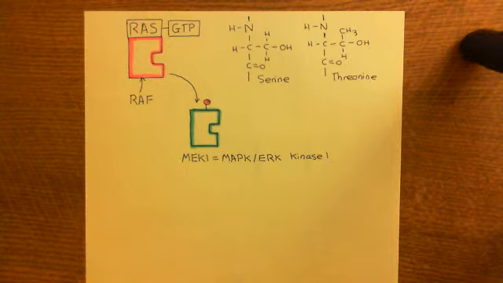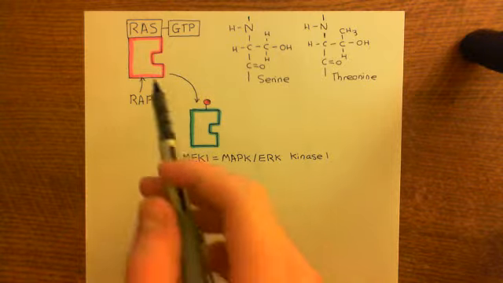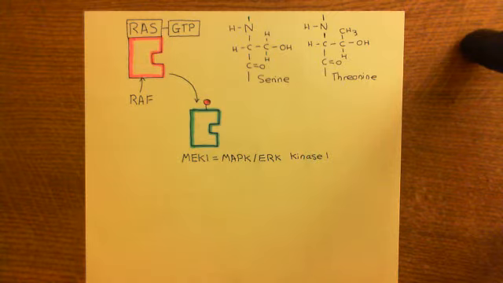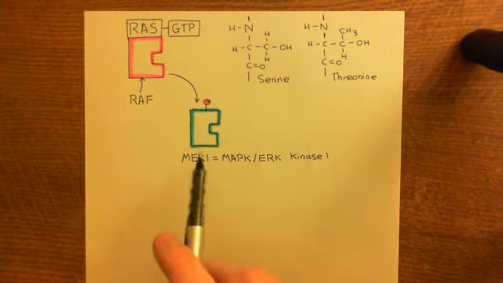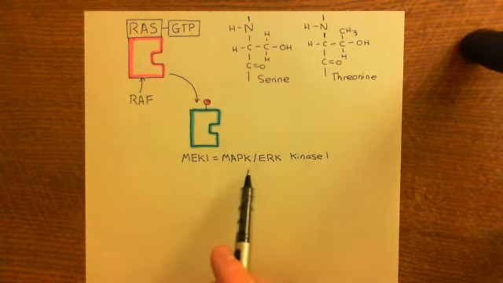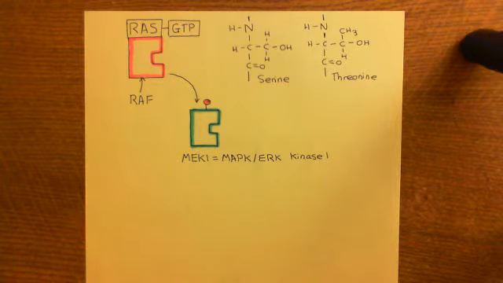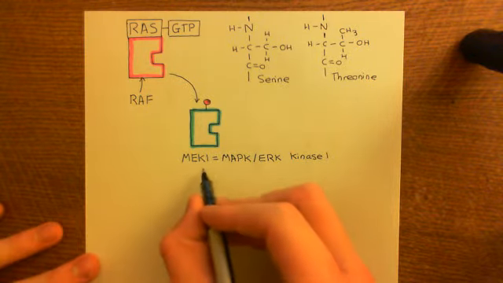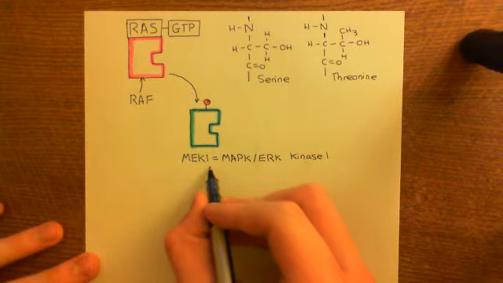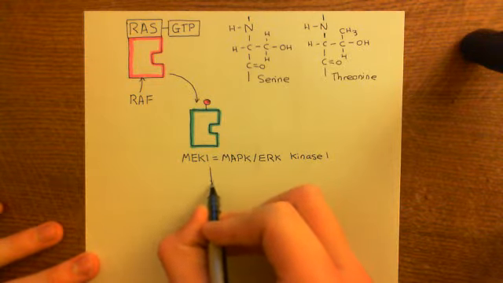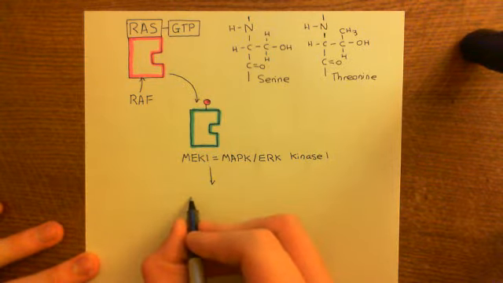The Ras-GTP, or this on state of Ras, is then going to bind to the kinase enzyme RAF, which activates RAF kinase, and it's now going to phosphorylate the MEK1 enzyme, which stands for MAP kinase, or MAPK/ERK kinase 1. MEK1 is activated by this phosphorylation, and it then phosphorylates another enzyme.